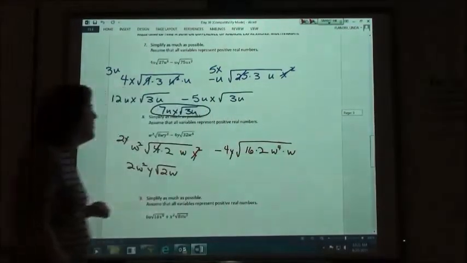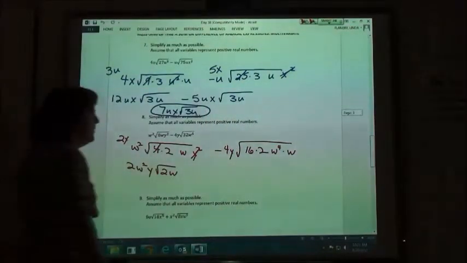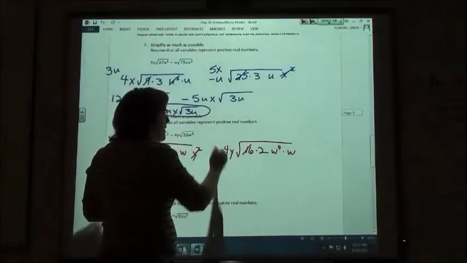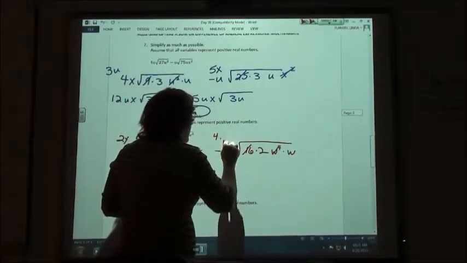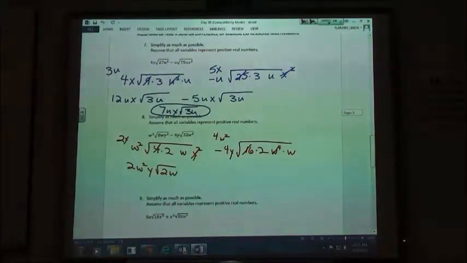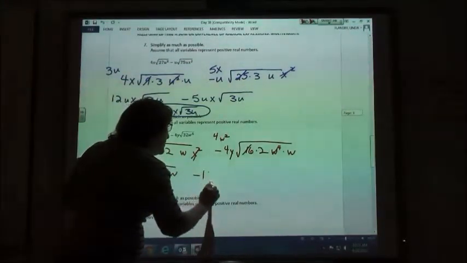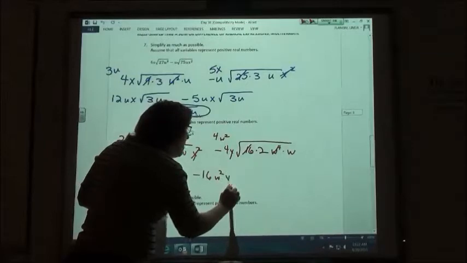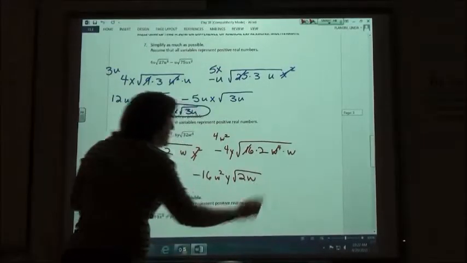So taking out my perfect squares, I can take out 4 and a w squared, right? Half of 4 is 2. So if I take that out, I'm going to have negative 16w squared y square root of 2w.